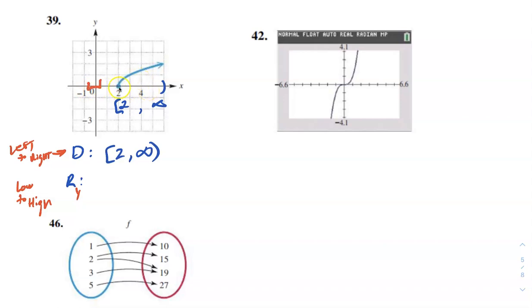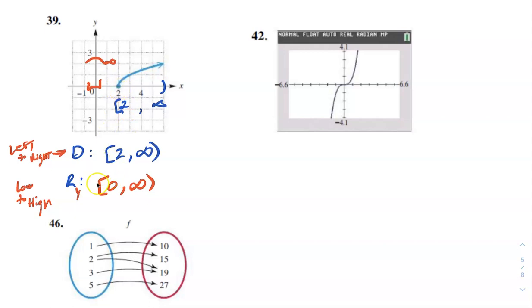That's the lowest it gets, 0. And the highest it gets is right here, but it's an arrow, so it keeps going on forever. So it's infinity. I'm going from 0 to infinity, because again, arrow. And 0 is a bracket because of the closed circle right there.